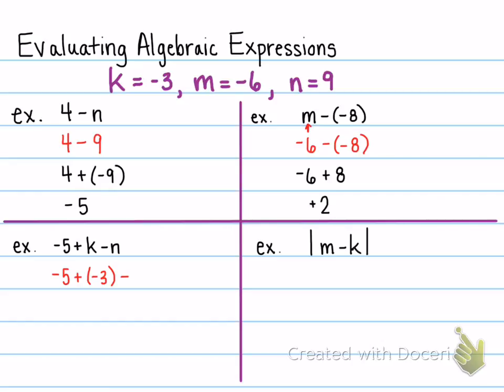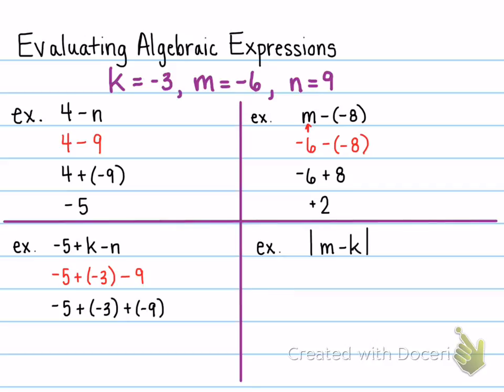And then minus, and n is 9. Because this has multiple steps, I'm going to rewrite the problem again, changing just my subtraction. Negative 5 plus negative 3. That doesn't change because it was addition. And minus 9 becomes plus negative 9.